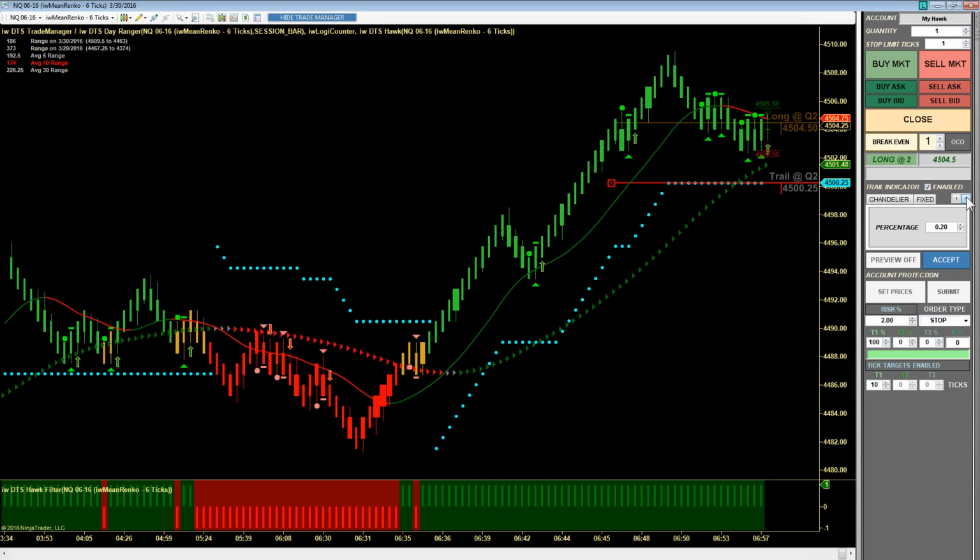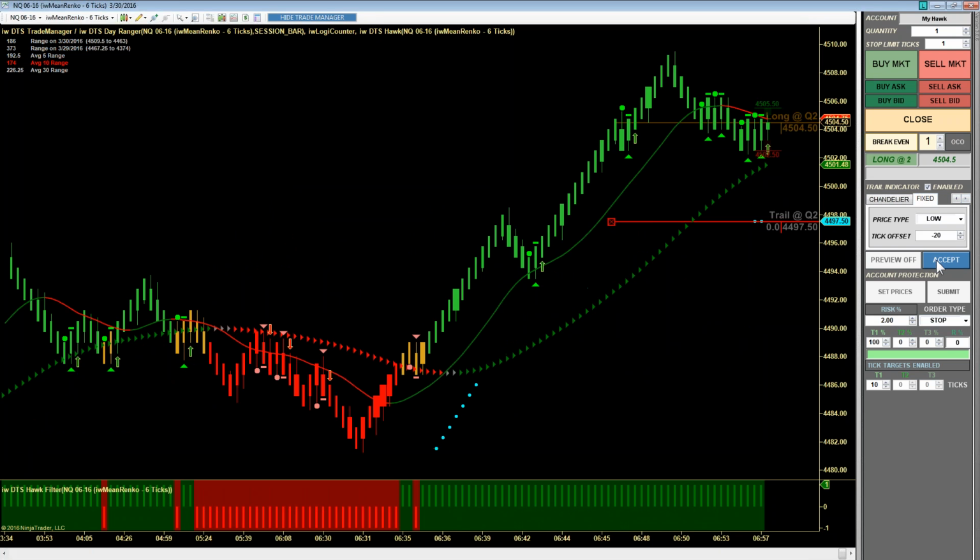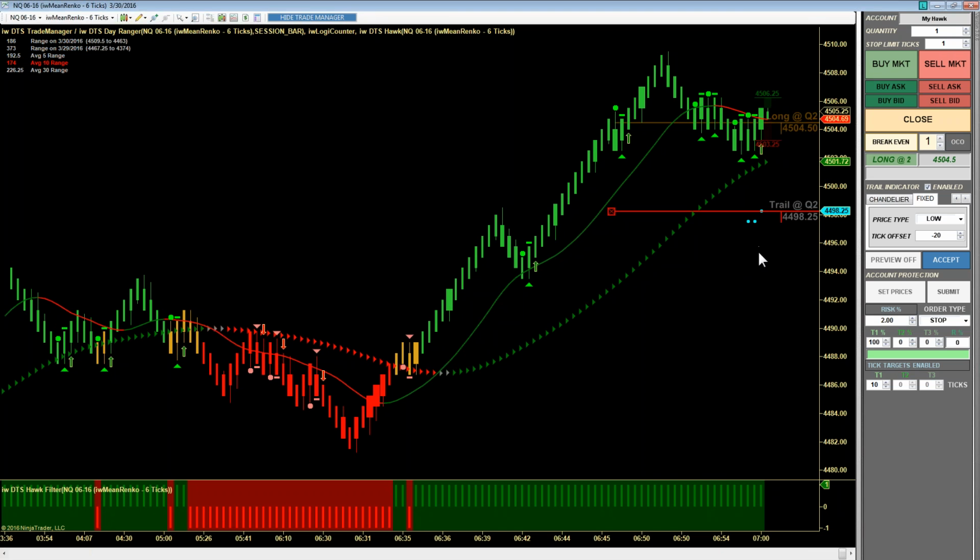But what I'm going to do is stay with the fixed tick strategy, because if we get this bar to move higher, we should actually see the stop strategy begin to roll the stops. And you'll see how the trade manager automatically does that.